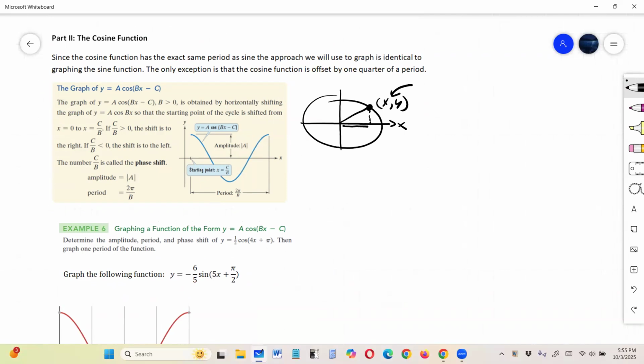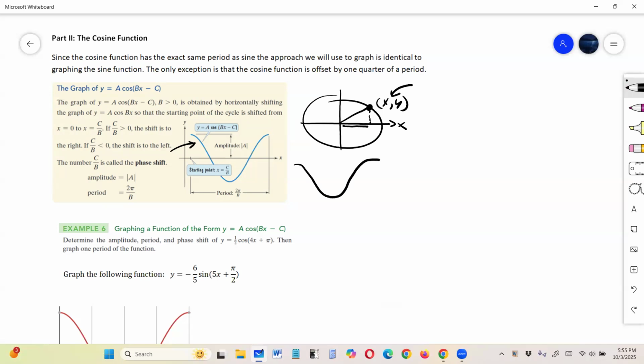So the only difference is that the cosine is offset by 1/4 of the period. So instead of looking like the sine function, the cosine looks like this, this kind of V looking function.